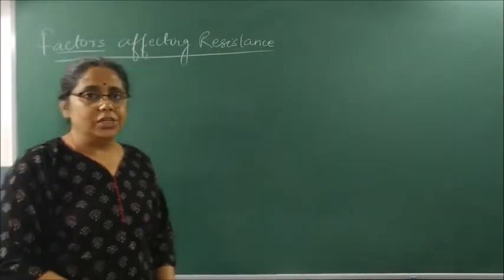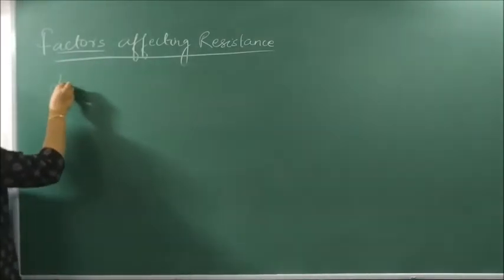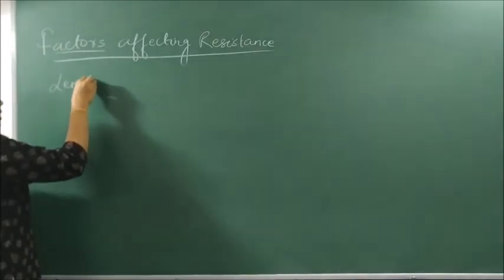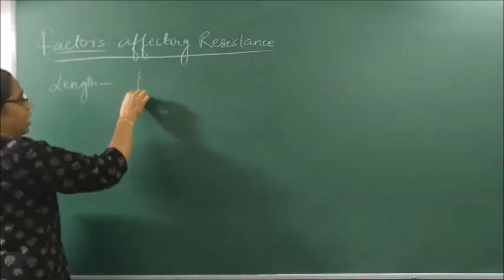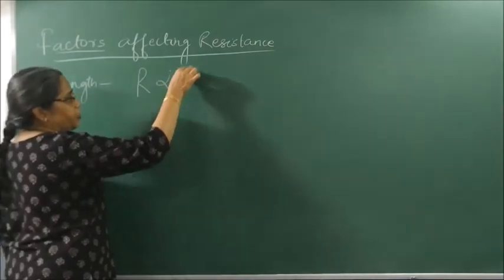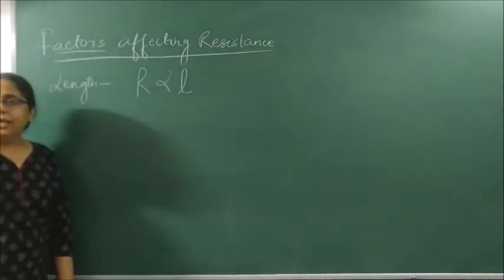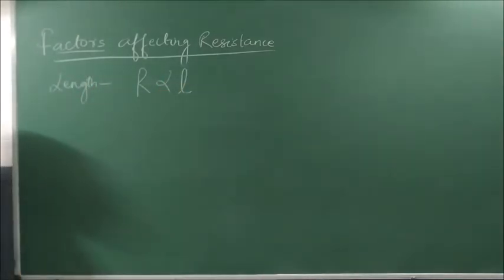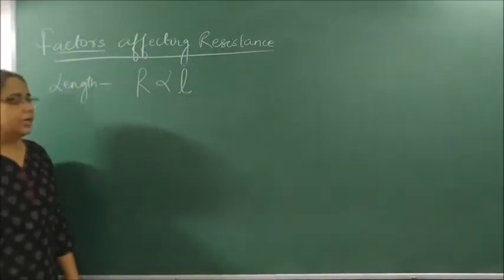We said the first factor is what? Length. What did we talk about length? We said R is directly proportional to L. If the length increases, resistance increases, but current decreases. Why does current decrease?